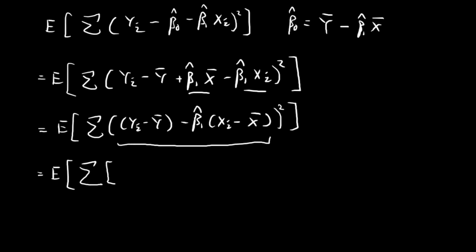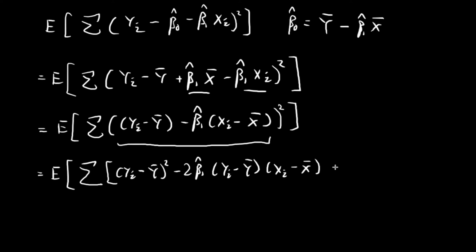So now next step, I'm going to square this entire term over here. So for the expression wrapped around by the summation sign, we have y_i minus the sample mean of y, squared, and then minus 2 beta 1 hat times y_i minus the sample mean of y, times x_i minus the sample mean of x, and then we have plus beta 1 hat squared times x_i minus the sample mean of x, squared.